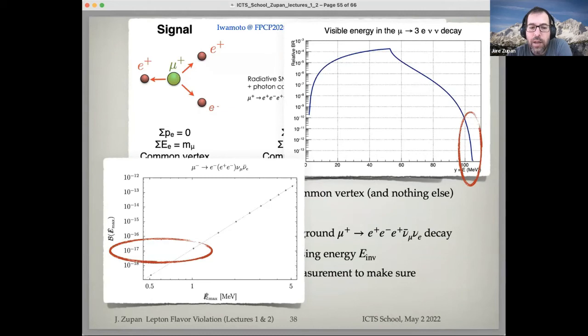That's this E_max, which means the maximal missing energy that you allow to be present. If this is 1 MeV, so you allow for 1 MeV of missing energy to not be measured, there is still a decay present. You will have a branching ratio for mu to 3e nu nu-bar at 10^-17.